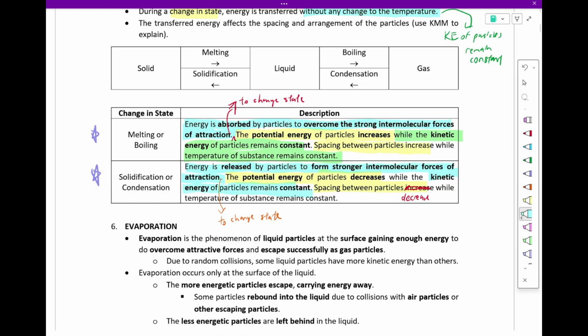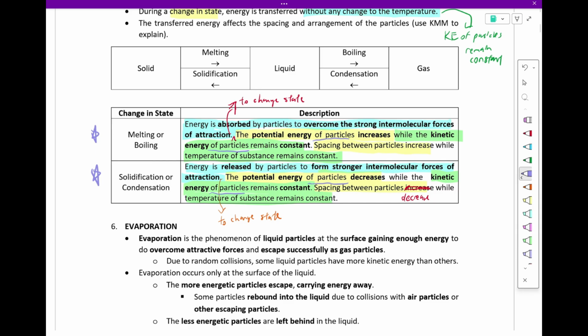Do take note, when we talk about kinetic energy or potential energy in this chapter, please make sure that you always add in the words "of the particles". Because if you don't write "of the particles", you are not referring to internal energy. The word internal basically means of the particles.